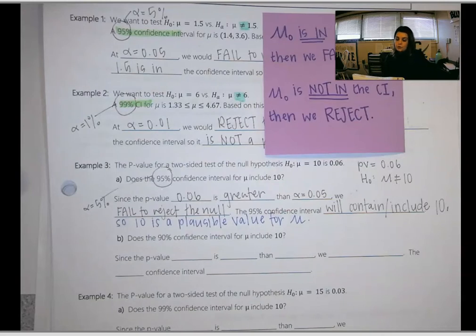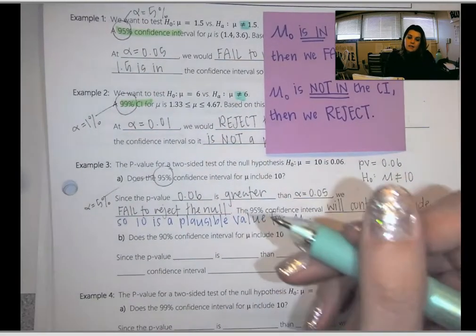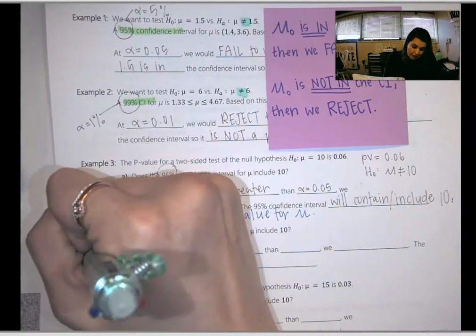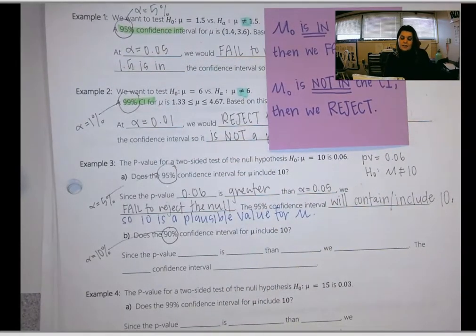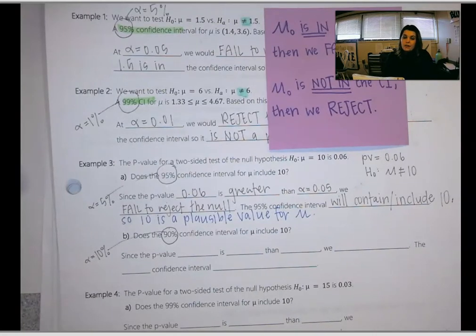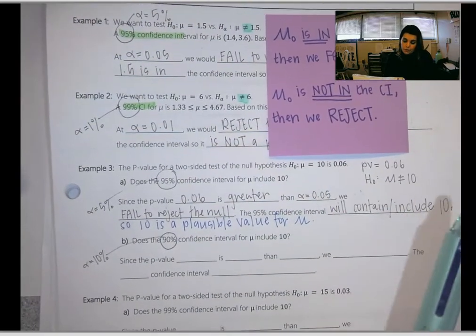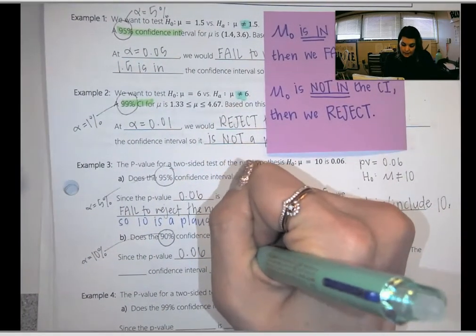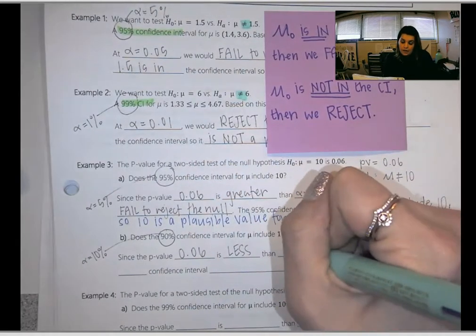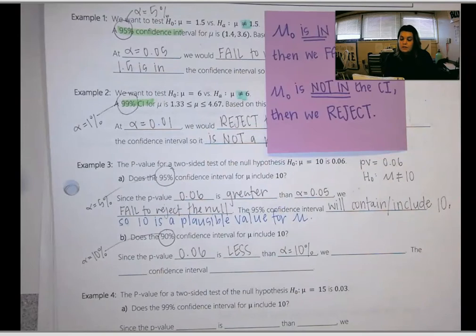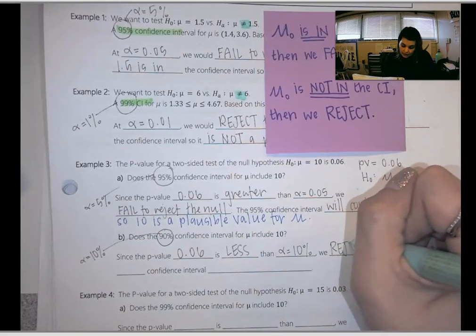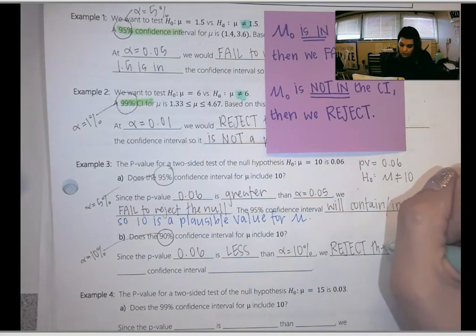What would we conclude if we changed the confidence level to 90%? Well, that means our alpha now is bigger, twice as big, it's 10%. Since the p-value, same p-value as above, 0.06, is less than alpha of 10%, we reject the null.